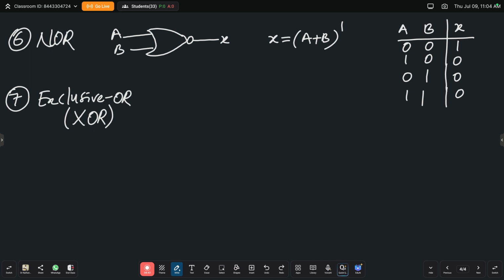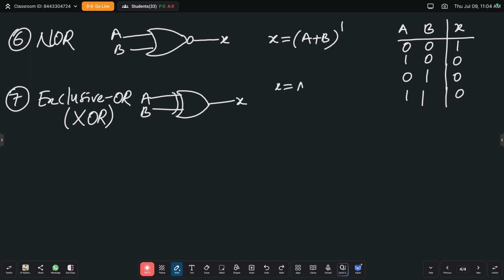So I will show you the representation. Exclusive OR. Same like you write. But here one more line you should write. So if you remember, the algebraic expression also you can remember.